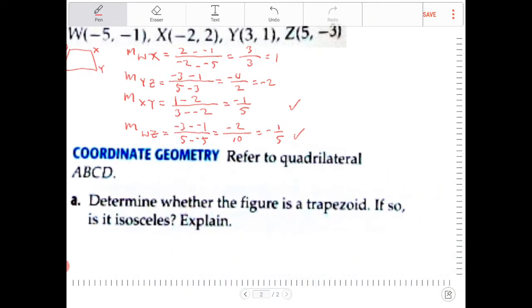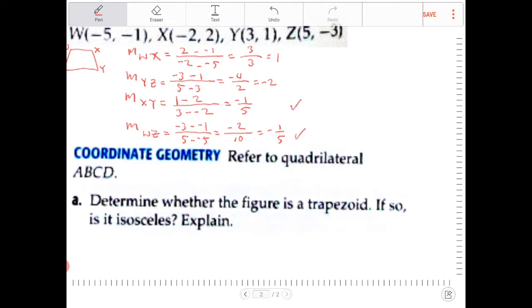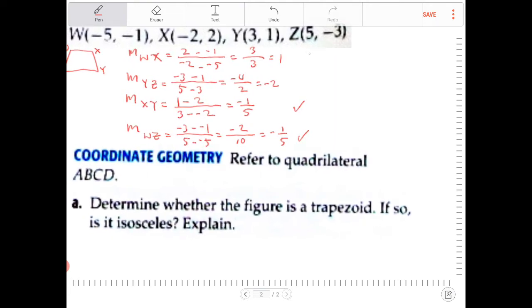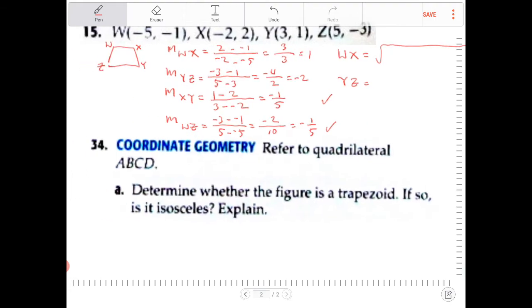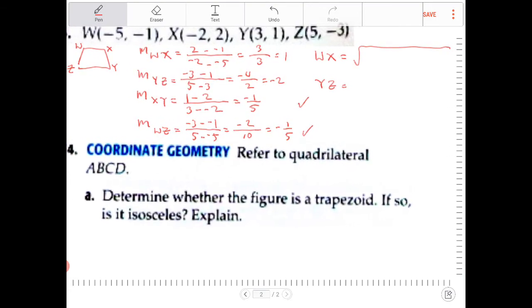Now we got to find out whether or not it's isosceles. So to do that, I want to find the length of WX and the length of YZ. The length of WX can be found by doing the following.